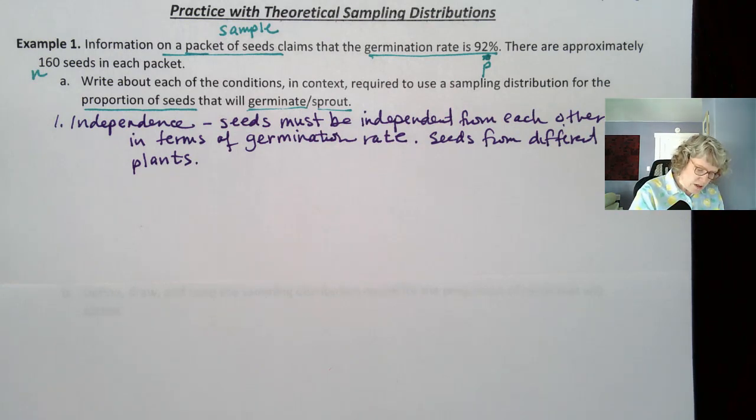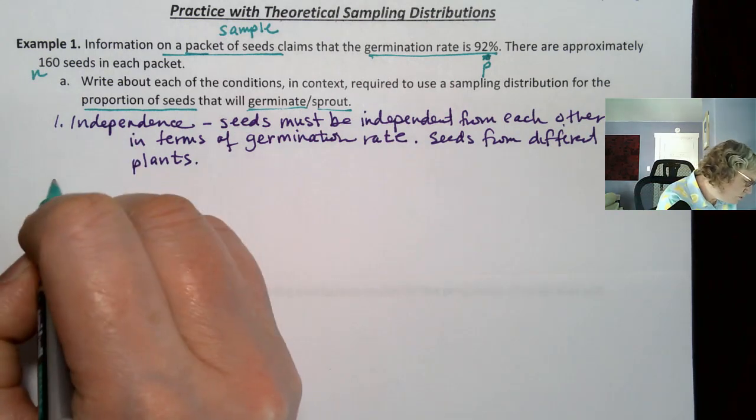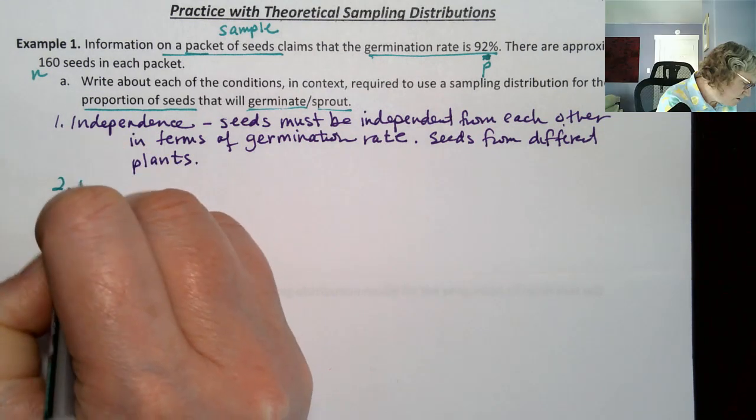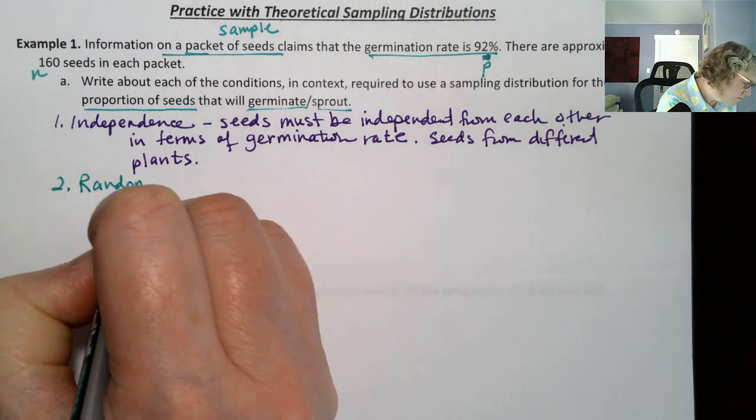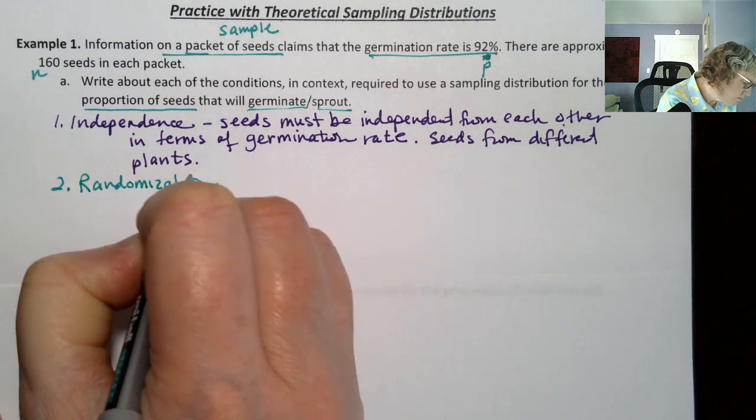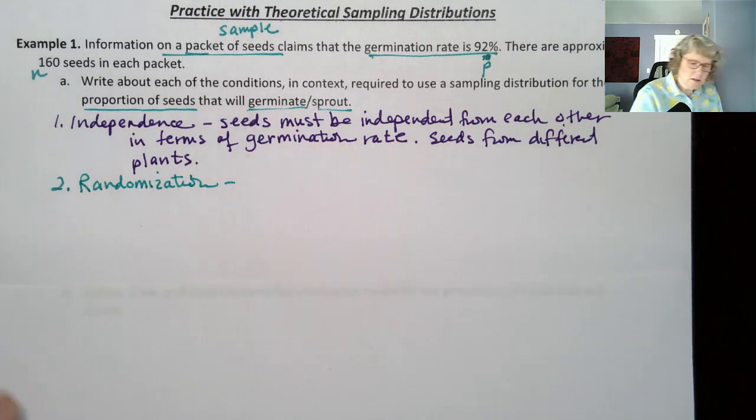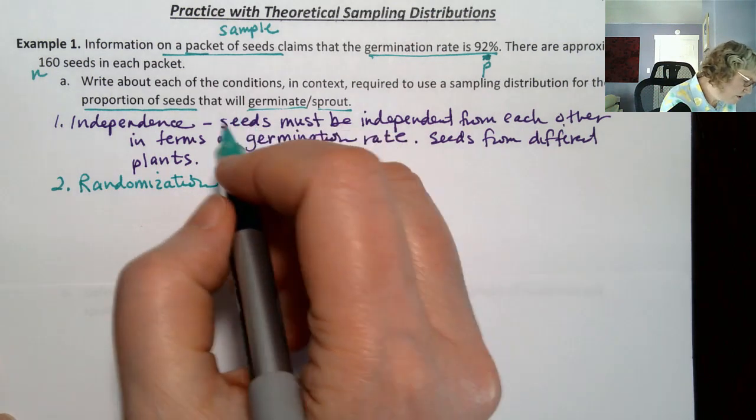Then number 2 is randomization. The seeds must be a random sample. We need a random sample.